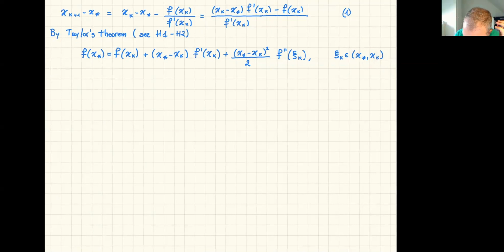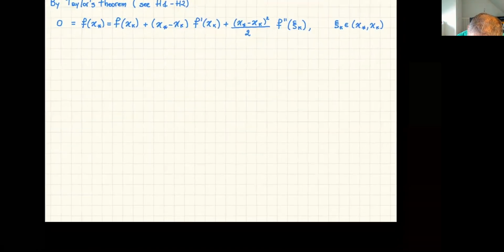So it means the interval xk x star if xk is less than x star, or the interval x star xk if xk is greater than x star. Also, by hypothesis 2, f of x star is 0. Remember, f of x star is a root.